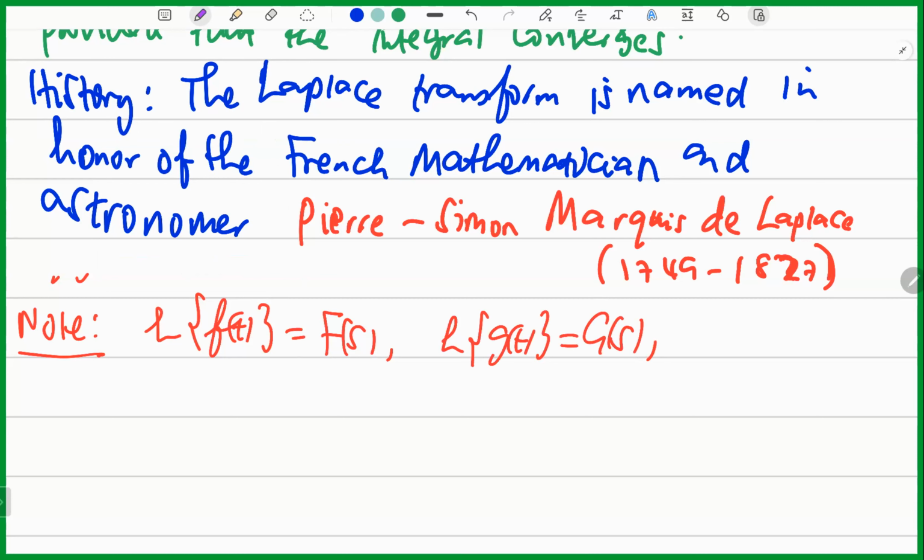The L of small f is big F, and L of small y is capital Y. This is consistent with the tables that we used. But I also want to give some basic examples.